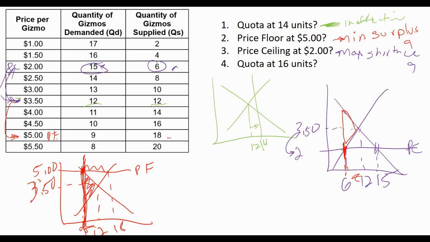But right now, this green one I drew up here, this is that quota. Oh, and I did another quota here at 16, but 16 is out here. So that's ineffective too, right? Ineffective. So those aren't binding. But at any quota inside of 12, let's say we do a quota at 9. Well, boom, at 9 the amount demanded would be at $5, right? $5 right here.